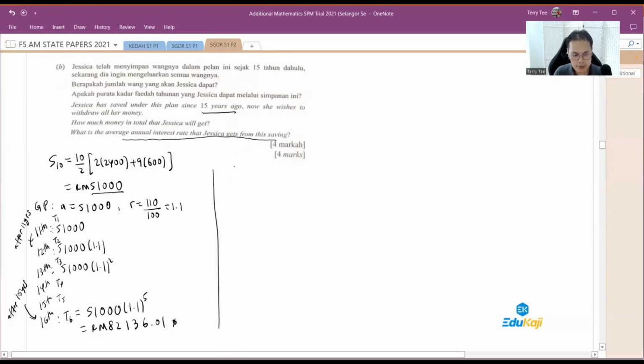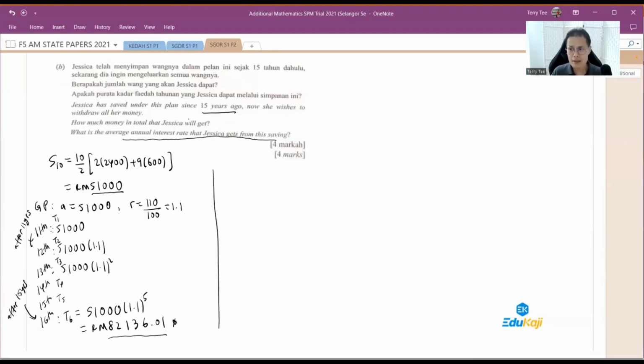What the marking scheme is saying is that you are getting 10% for 5 years. This is your total amount, but you actually started saving since 15 years ago. So what is the total interest that you're getting, if you want to find the annual average interest rate? When you talk about annual average interest rate, we can use compound interest or simple interest.